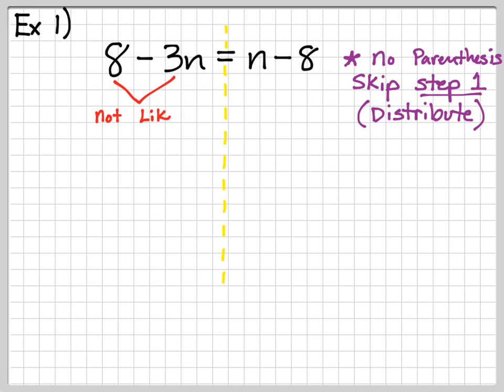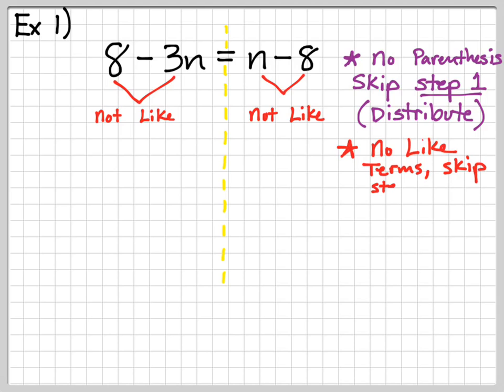You notice on the left side, 8 minus 3n, not like terms. One has an n, one does not. On the right side of my equation, n minus 8, also not like terms. One has an n, one does not. So therefore I can skip step 2, combining like terms. Let me go ahead and erase that.